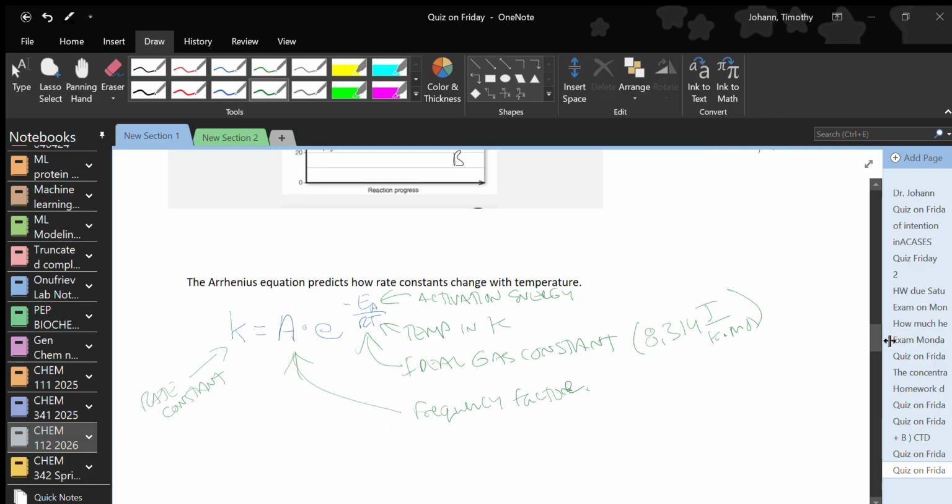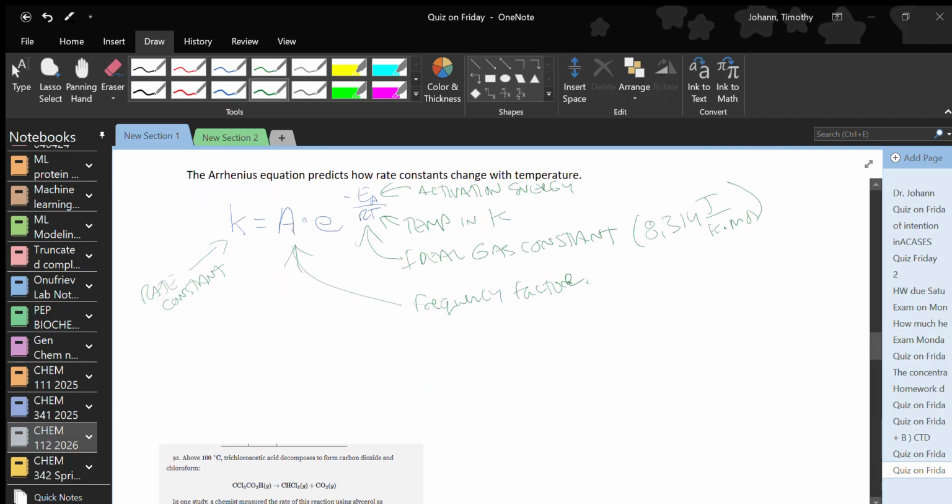All right, this is very similar to our Clausius-Clapeyron equation, and we can do similar things to it. It has an e in it, so we can take the logarithm of both sides. So I could have the logarithm of k equal to the logarithm of A times e to the negative Ea over RT.